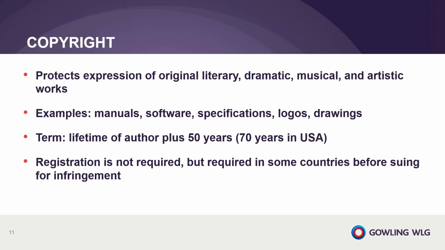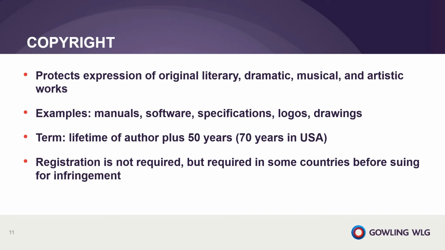Copyright grants the exclusive right to produce, copy, publish, or perform original literary, dramatic, musical, and artistic works. In the context of life sciences companies, things that can be copyrighted include manuals, software, including source code and the object code generated from the source code, specifications, logos, drawings, etc. The term of monopoly granted for copyright is currently equal to the lifetime of the author plus 50 years in Canada.